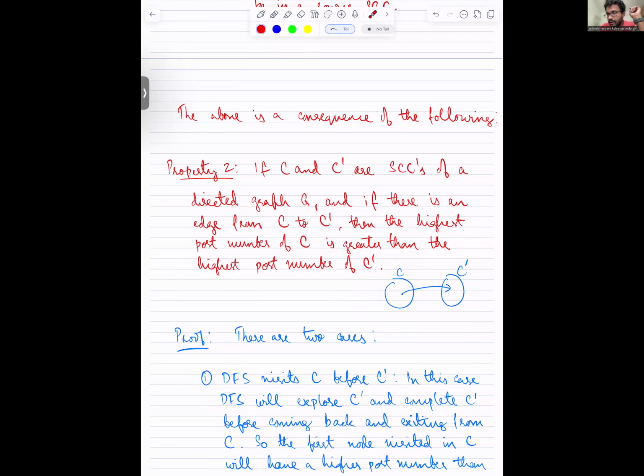Then at some point you will discover the vertices of C prime during that exploration itself, because there is at least one outgoing edge. Can there be an edge from C prime to C?